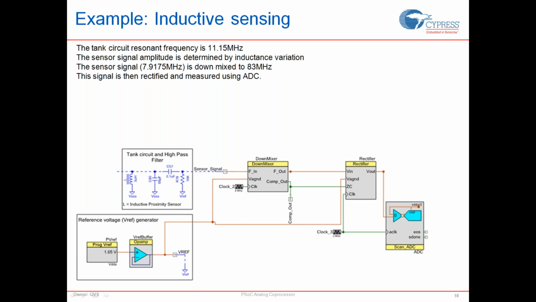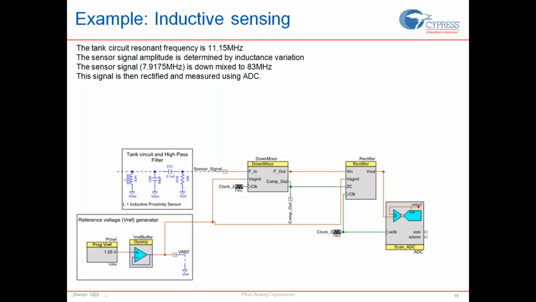So my tank circuit, which is designed at 11.15 megahertz, is going to take that 7.9175 megahertz excitation voltage, and based on its frequency response, there's going to be an output amplitude associated with it. Now, that amplitude is determined by both the L, which is the 3 microhenry inductance, and also the 68 picofarad capacitor.